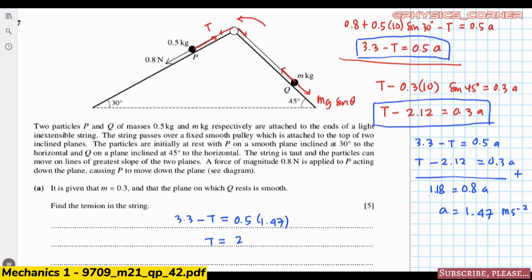T is 2.56 newtons. That's it. Okay, done.